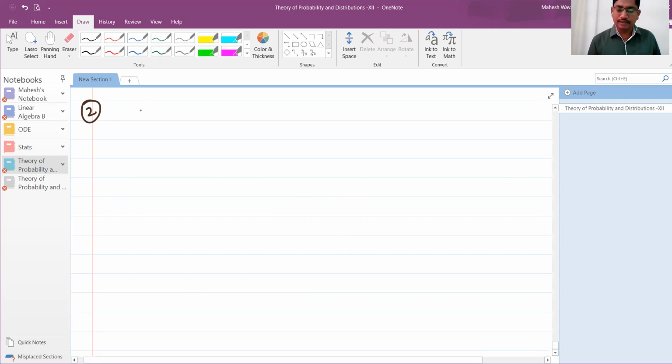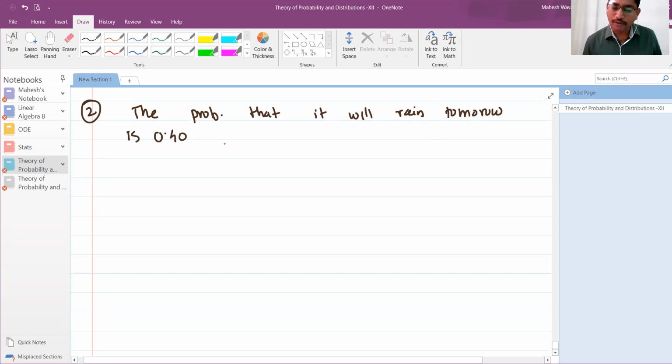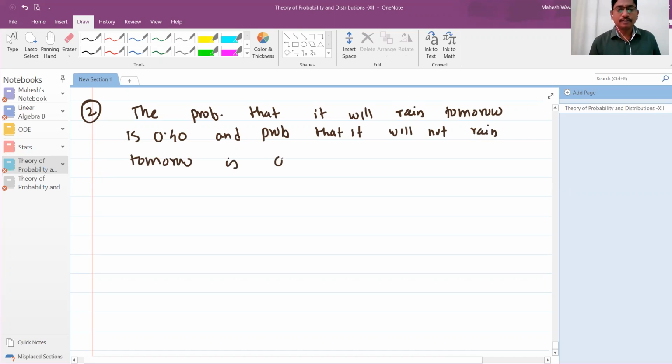The probability that it will rain tomorrow is 0.40, and the probability that it will not rain tomorrow is 0.52.